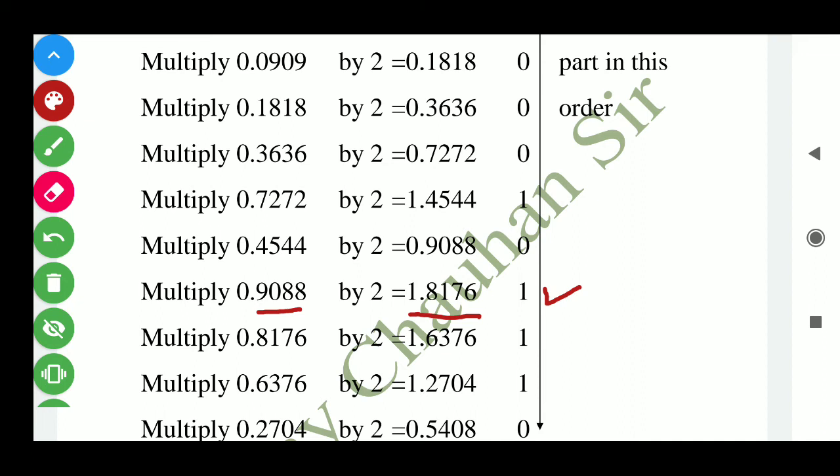Then 8176 multiply by 2, your answer is 1.6376, and the integer part is 1.